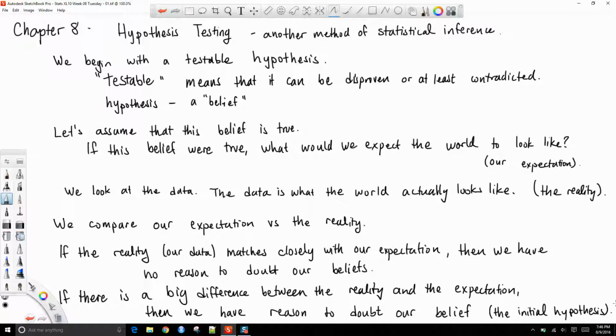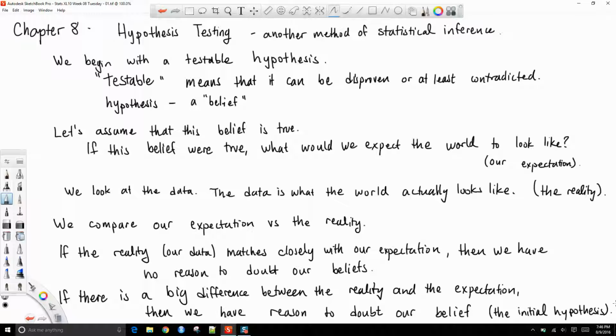And because there is a difference between how I expect a good, quote, good person to behave and how I'm seeing this person behave, now I have reason to doubt my initial belief about this person, right?